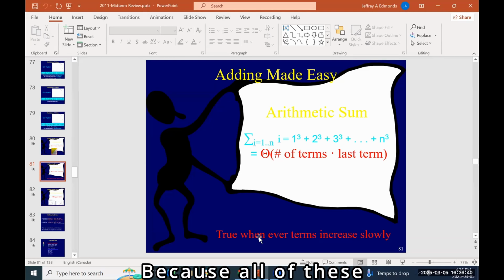Right? Because all of these terms are about the same within a constant. This just says that this sum is going to be, how many terms do I have? I have n terms. What's the last term? N cubed. So the sum is order n to the fourth.